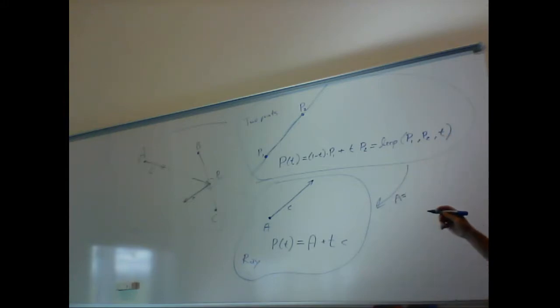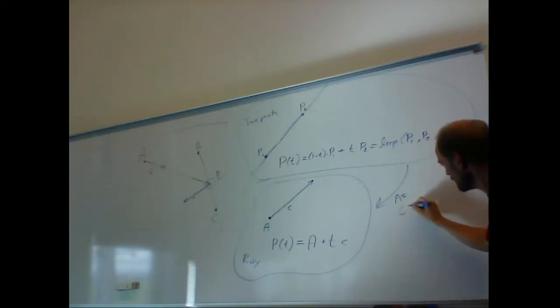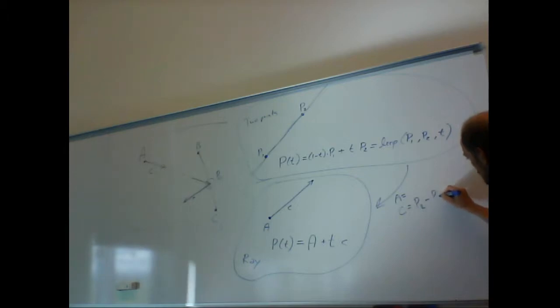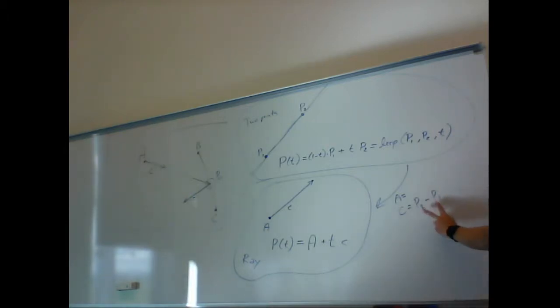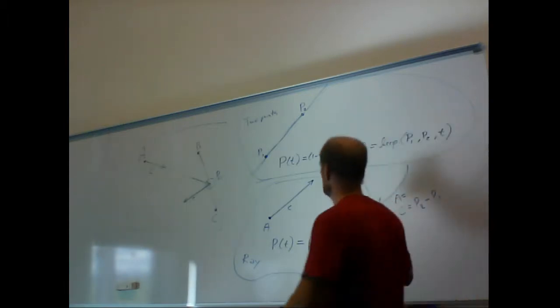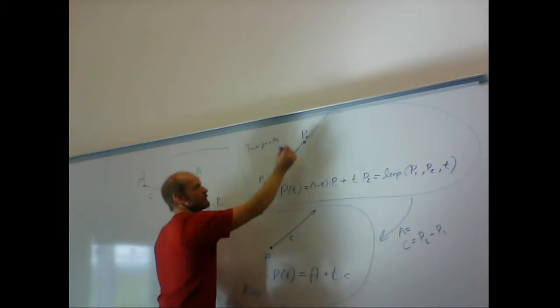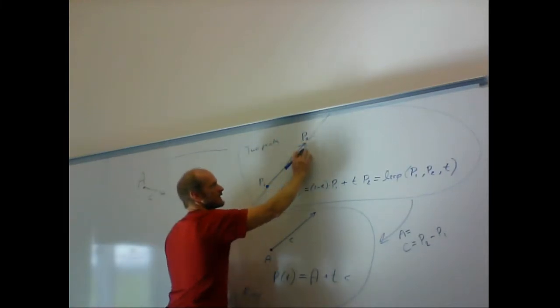A equals, does it? A is my point. Yeah. So that's true. C certainly equals P2 minus P1. So the difference between 2 points is a vector. If I subtract P1 from P2, I get the vector between them.